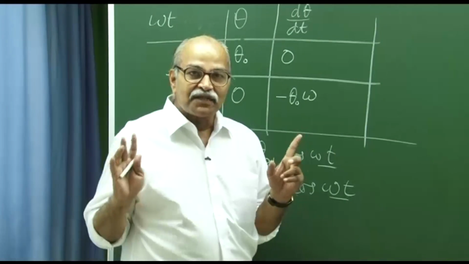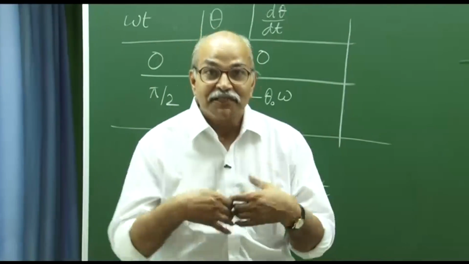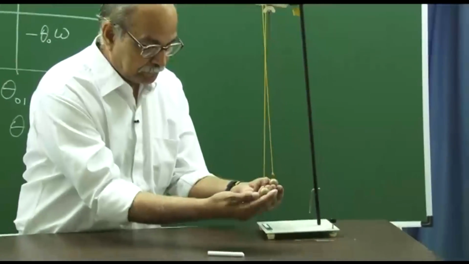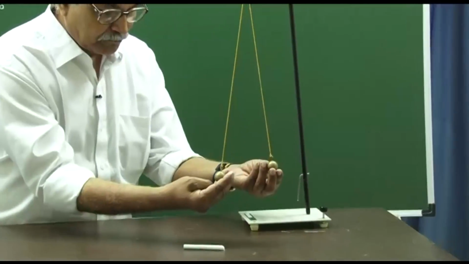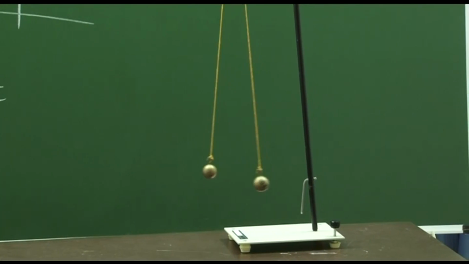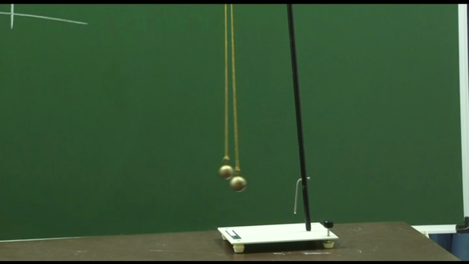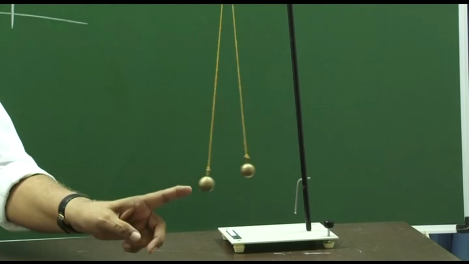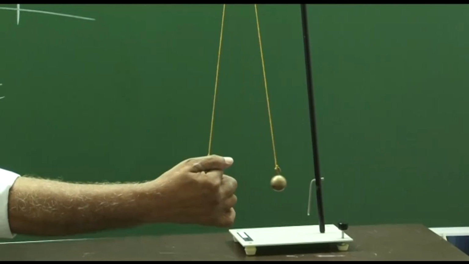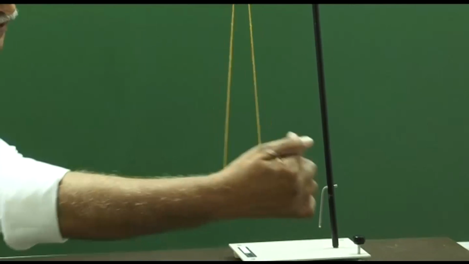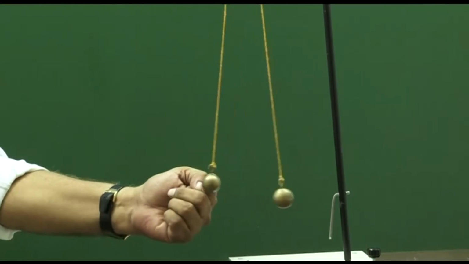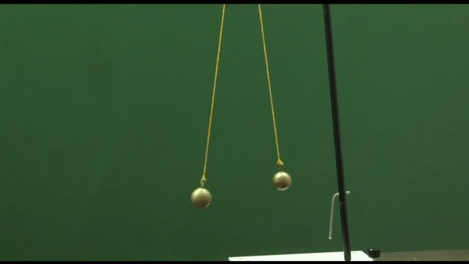Now let me start the motion in a different way. You can see the motion now. The front pendulum is oscillating, the rear pendulum is oscillating. The instant this front pendulum is at its left extreme, at that instant this rear pendulum is at its right extreme.